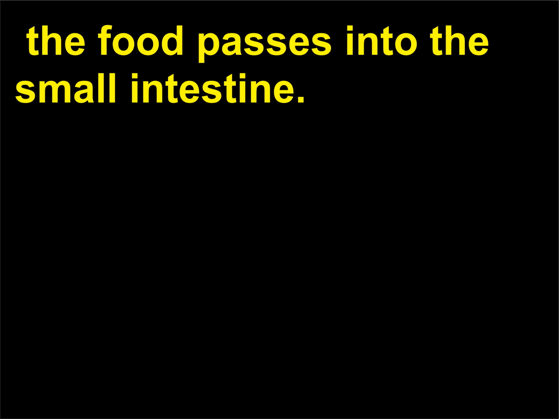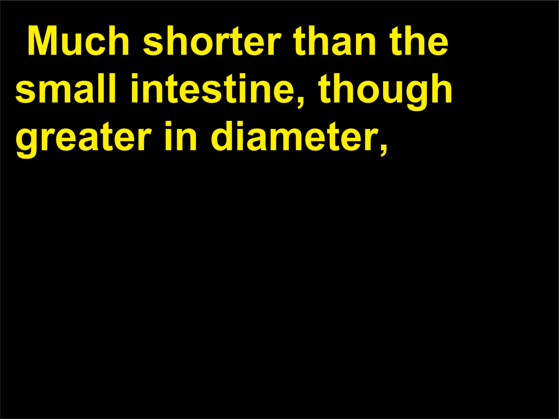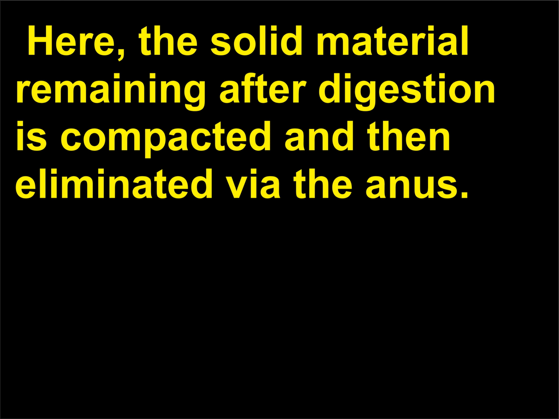Following digestion in the stomach, the food passes into the small intestine. Nutrients are absorbed via the intestine. Much shorter than the small intestine, though greater in diameter, is the large intestine, also called the colon. Here, the solid material remaining after digestion is compacted and then eliminated via the anus.